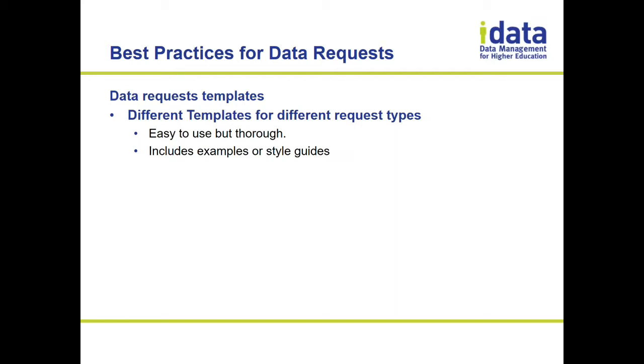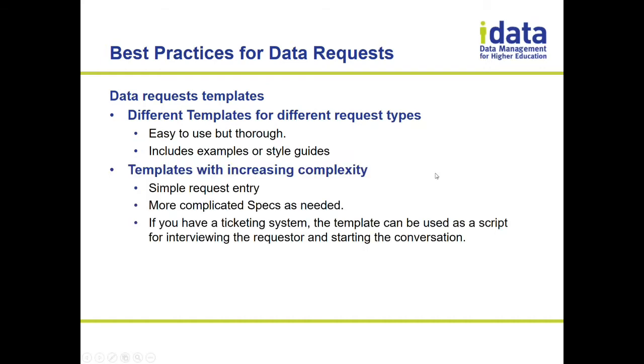And also, don't try to make everybody fit their data request type into the same 3 or 4 fields that are common to everything. As you saw up front, there's a wide variety of different types of things people request. A dashboard item built on top of a data warehouse is very different than someone who just wants the number 12 back to them.